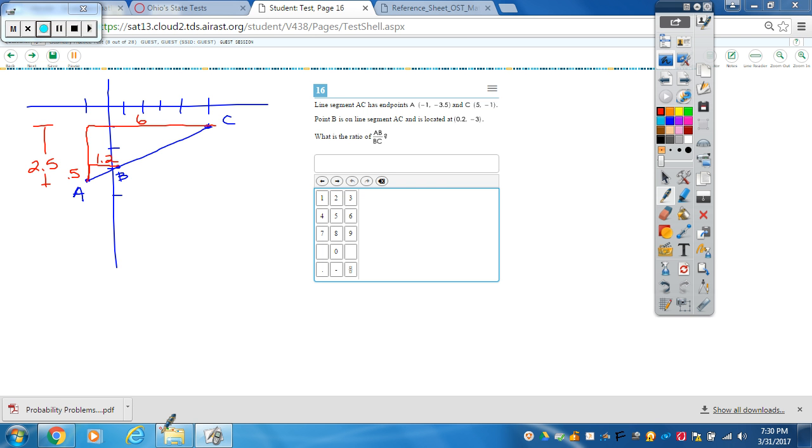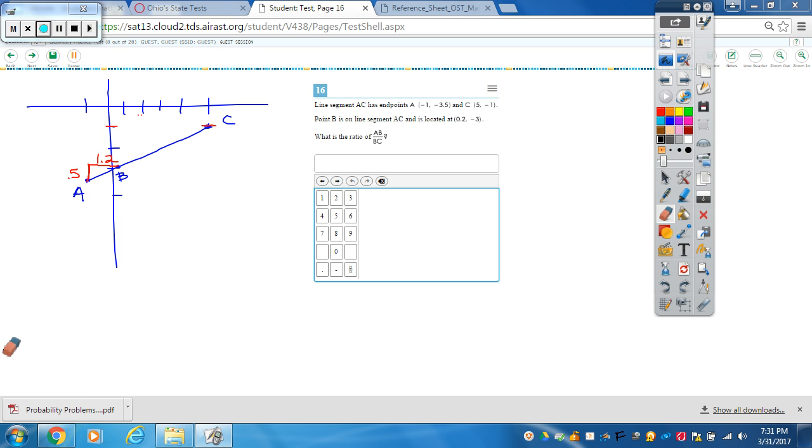I almost led you astray on this. Let me erase some of this so it's a little clearer. When they first introduced it, I thought it was AB to AC, but they want to know AB to BC. And that does change the problem a bit.